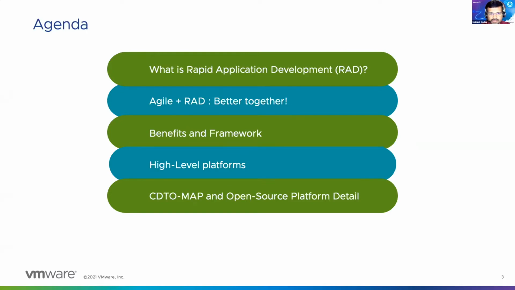CDTO MAP is the Chief Digital Transformation Officer's modern application platform that we have built, and we will provide open source platform details. Last but not least, we will provide a quick demo of how we can provision the required platforms, databases and software tools, and using that, how you can develop your applications at a rapid pace.